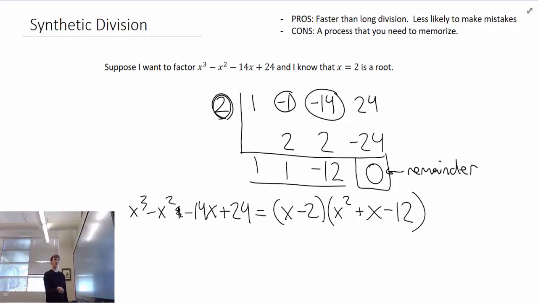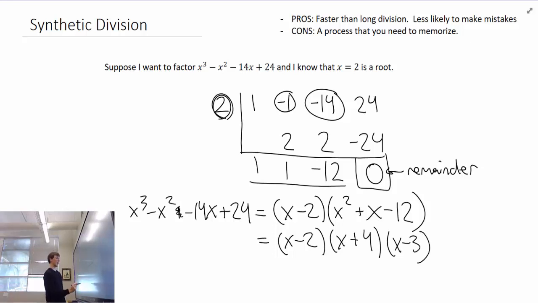And once again, I can factor this quadratic part to give me x plus 4 times x minus 3. So once I find these numbers, I do exactly what I did before. There's no trick to that. And I'm left with that full factorization at the end.